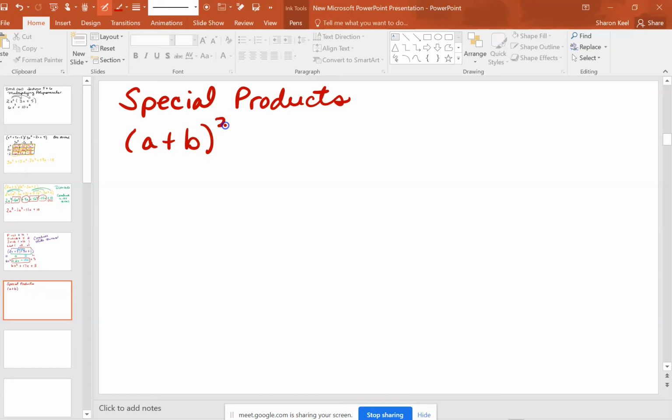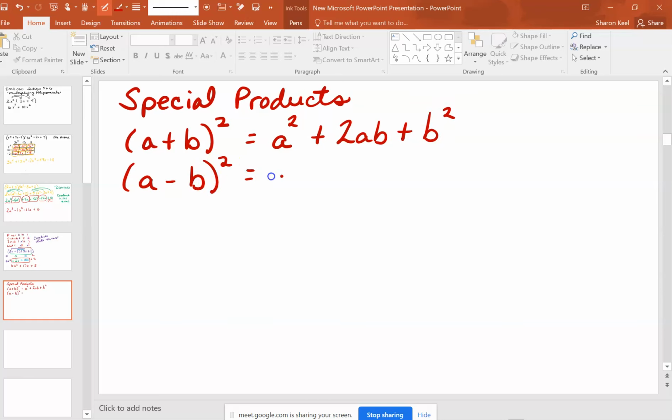If you have a plus b and it's squared, your answer is going to be the a squared plus 2 times a times b plus your b squared. If you have a minus b, the same values squared, you're going to have a squared minus 2 times a times b plus b squared.